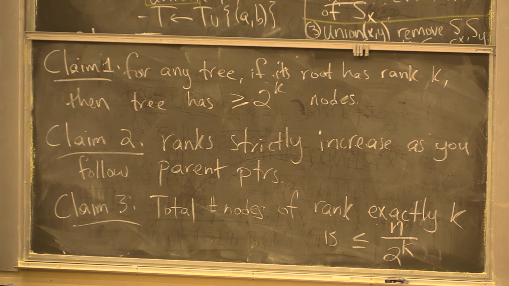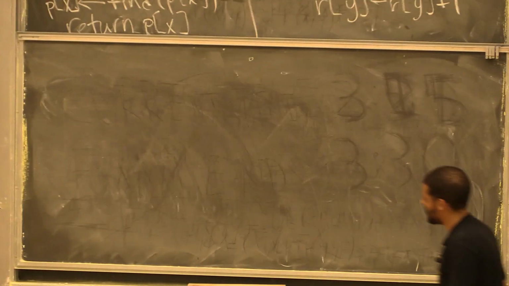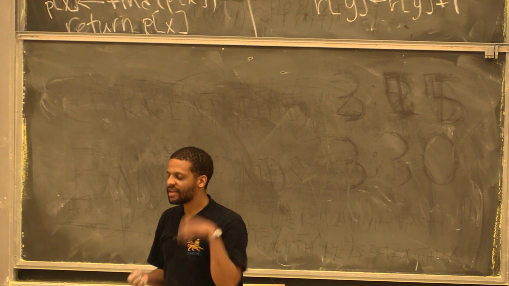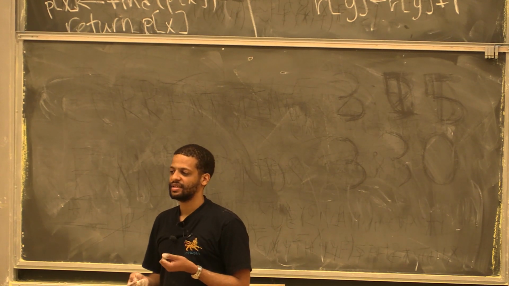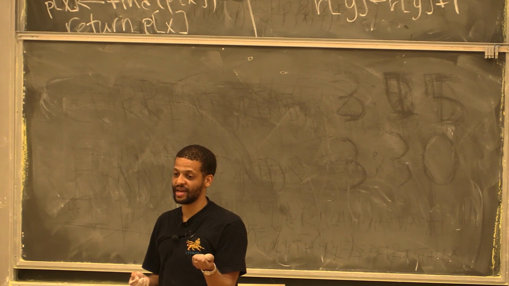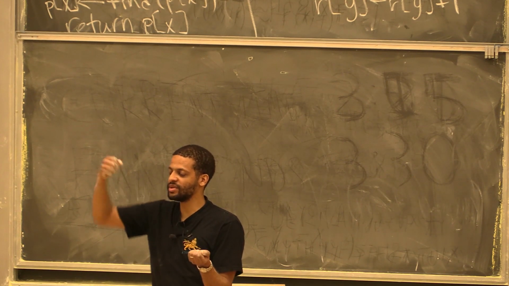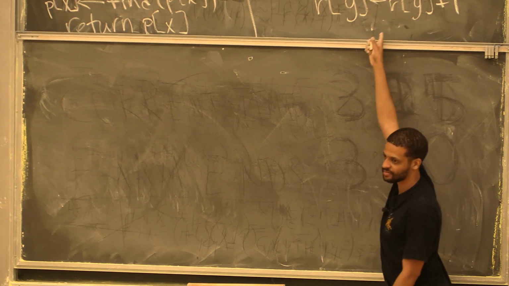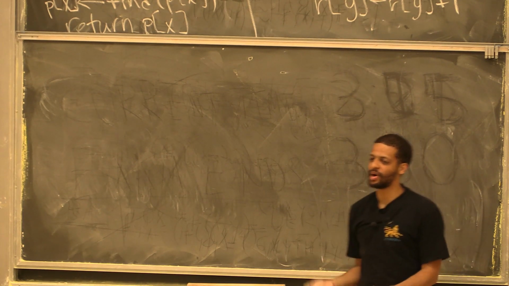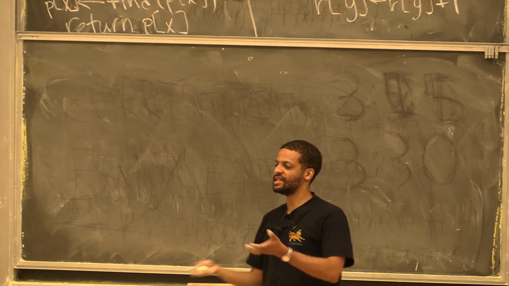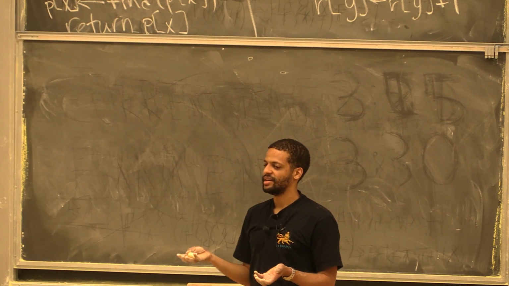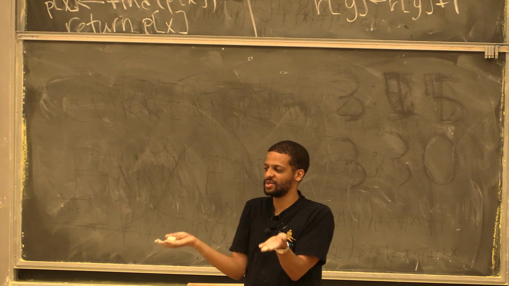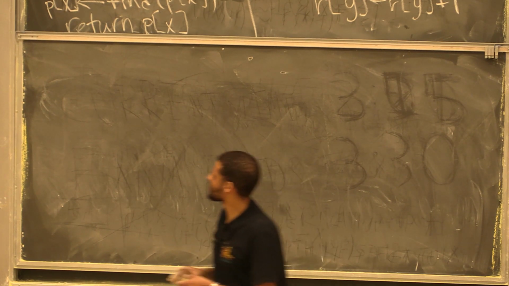Now for the inductive step, let's look at someone who just became rank k. How did he just become rank k? It's because he was rank k minus 1, and he got unioned with someone else who was rank k minus 1. That's the only place where rank goes up. But by our inductive hypothesis, these two trees of rank k minus 1 each have size at least 2 to the k minus 1. So when you put them together, they have size at least 2 to the k. So that's claim 1.